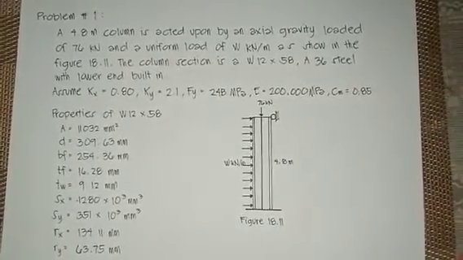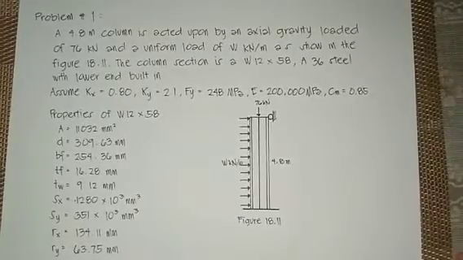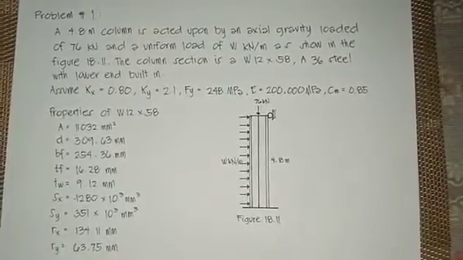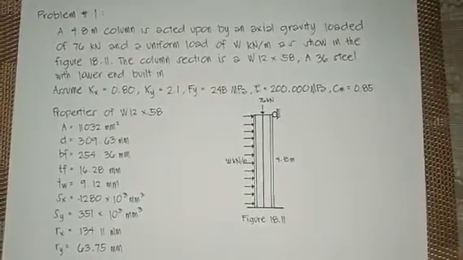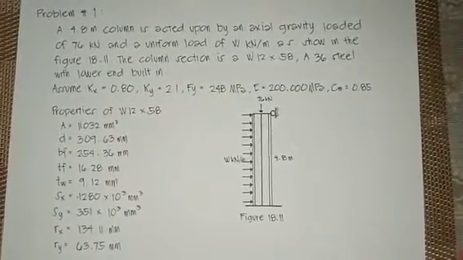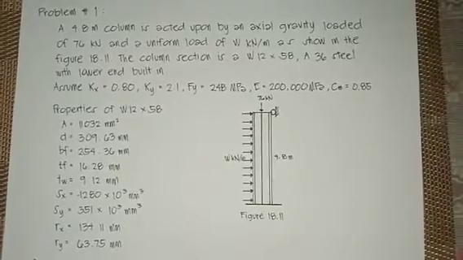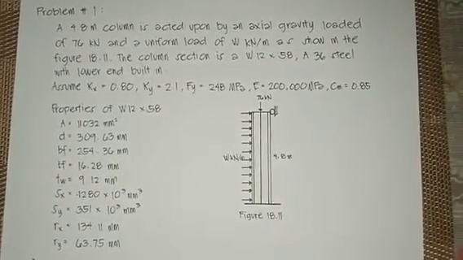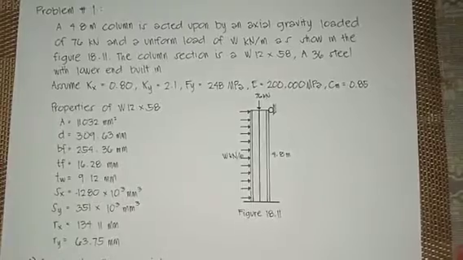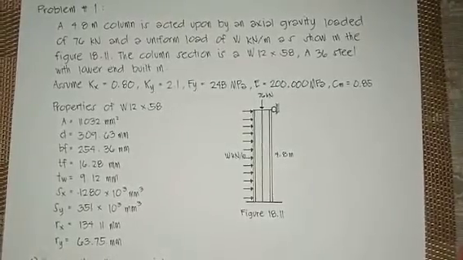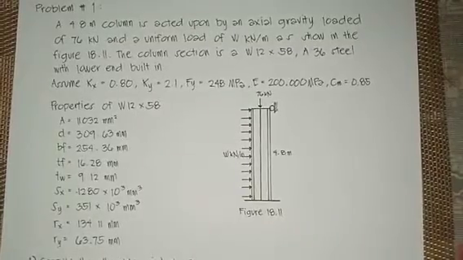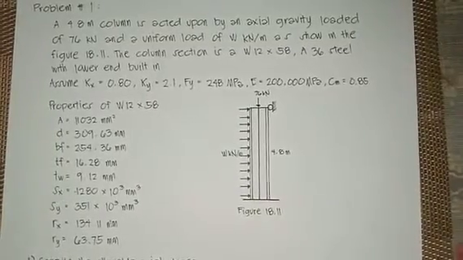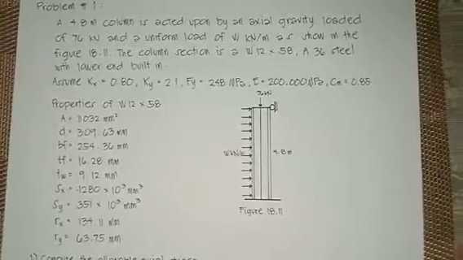The column section is a W12 by 58, A36 steel with lower end built in. Assume Kx is equal to 0.80, Ky is equal to 2.1, Fy is equal to 248 megapascal, E is equal to 200,000 megapascal, and Cm is equal to 0.85.